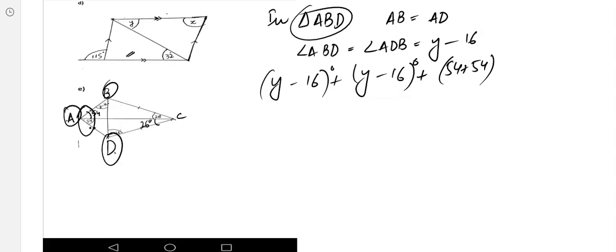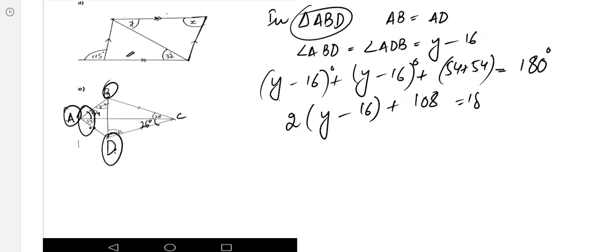So that's why the value of angle BAD over here is 108, and the sum of the interior angles of the triangle is always equal to 180 degree. Now students, Y minus 16 plus Y minus 16, we can write it 2 times Y minus 16 plus 108 equals to 180 degree.